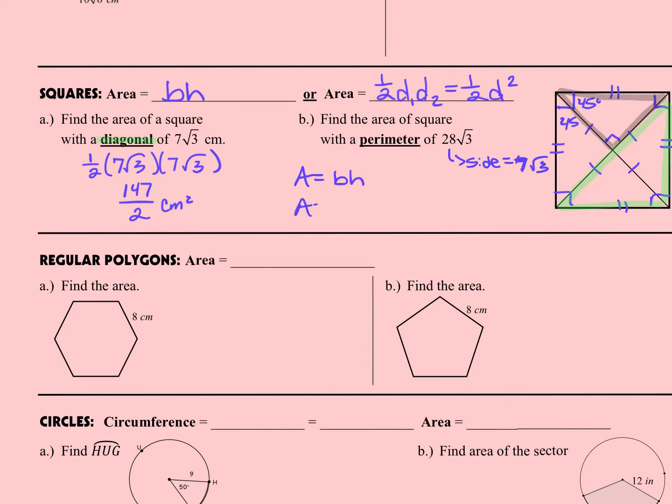You've got to be able to fluently move between the two. So 7 radical 3 times our 7 radical 3 is going to give us an area of our square of 147 units squared. Okay, so that's just the main idea here, is recognizing that if you know the diagonals, work with that formula, and if you know a side, work with the base times height.